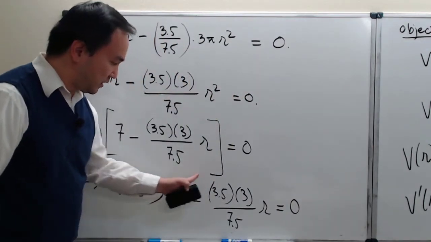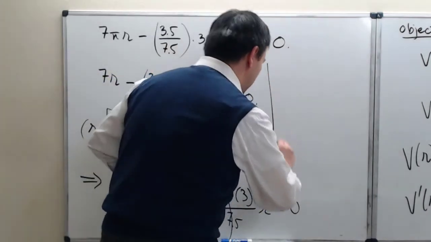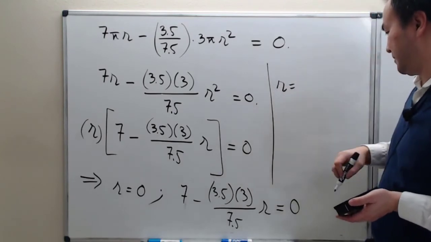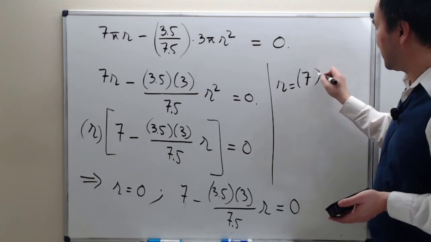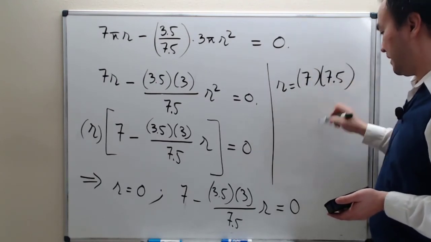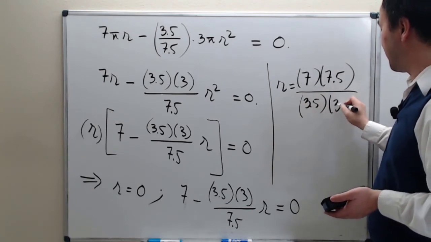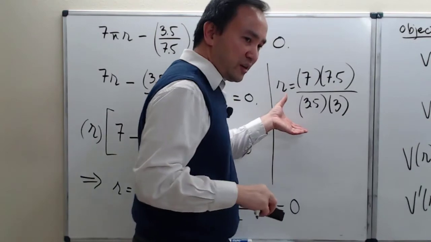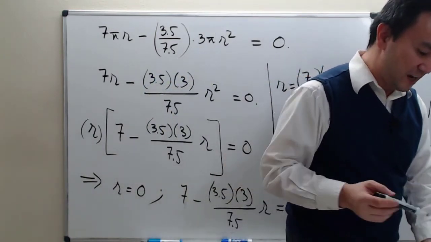We can quickly rearrange this equation and solve for r. That equation gives me r equals 7 times 7.5 divided by 3.5 times 3. Now I'm ready to use a calculator to get some calculation done for this, so allow me a minute or so.